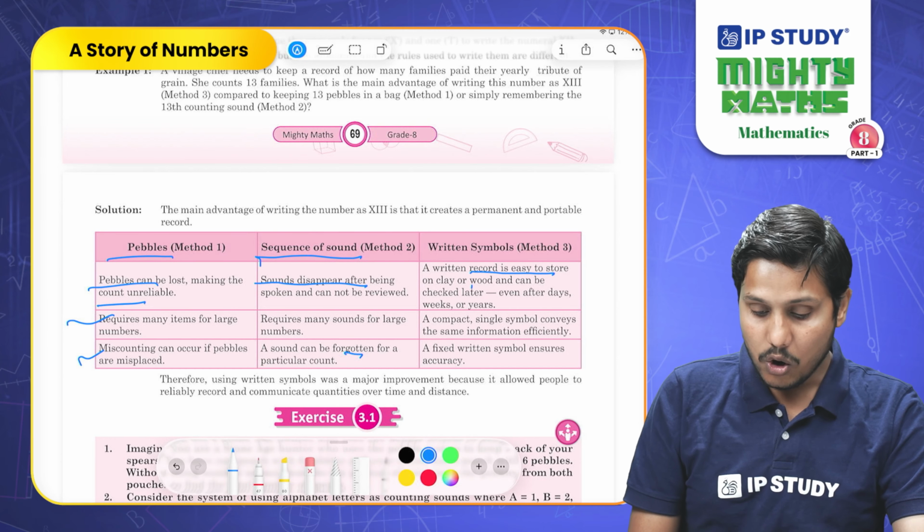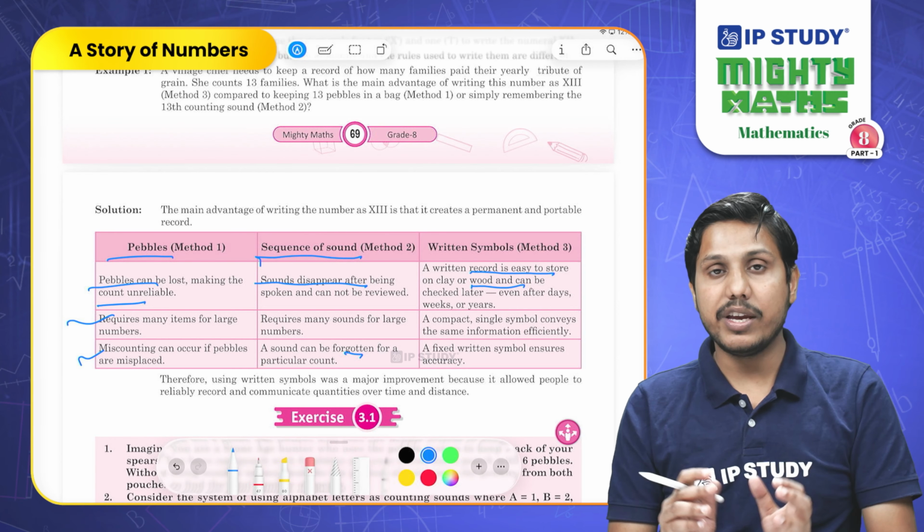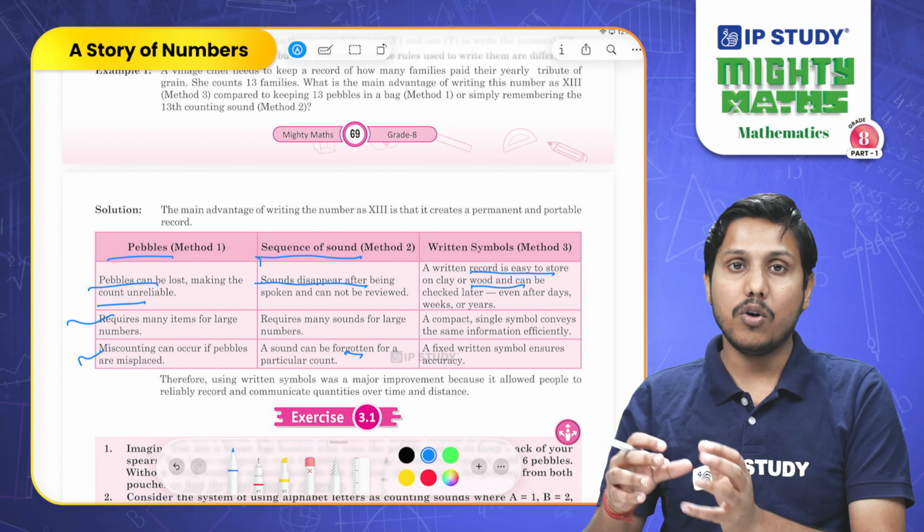We can record on clay, on a wall, or on wood, which can be checked later to see how many items have been recorded. A compact single symbol like 10 can represent the same information efficiently. A fixed written symbol ensures accuracy, as everyone will have the same kind of symbol to record the same number of items.